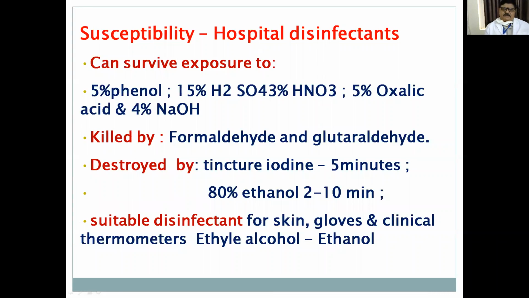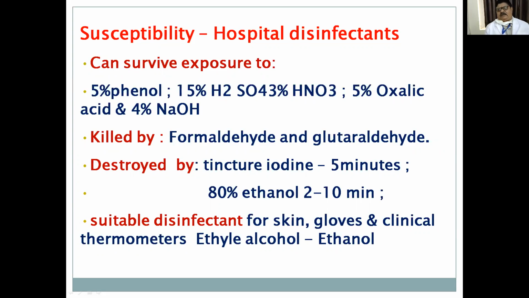The routine hospital disinfectants which you use, 5% phenol, 15% sulfuric acid, nitric acid, 3% and 5% oxalic acid, and 4% sodium hydroxide, they can survive exposure. But they are killed by formaldehyde from formalization, or formaldehyde vapors in the theater.